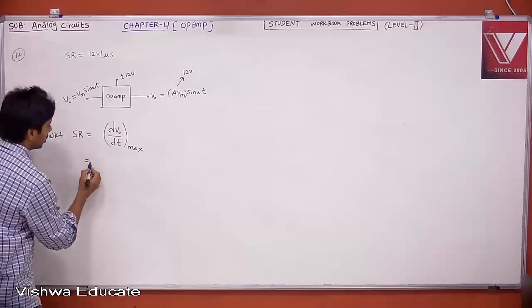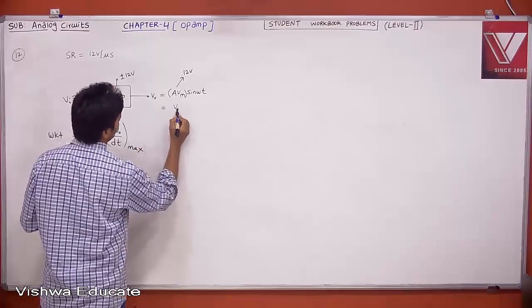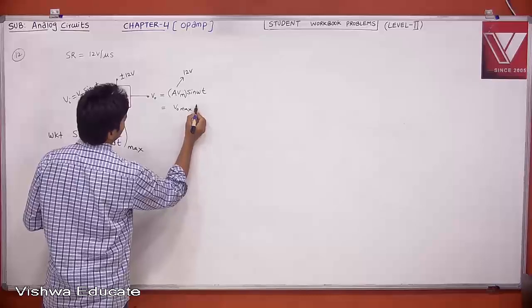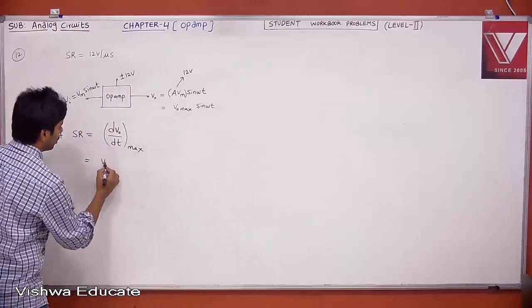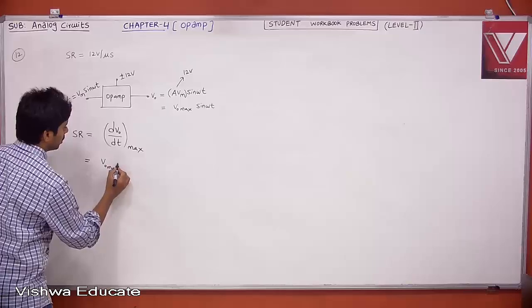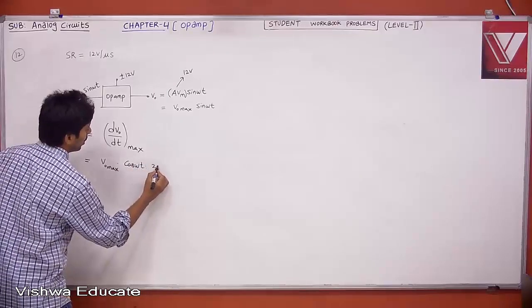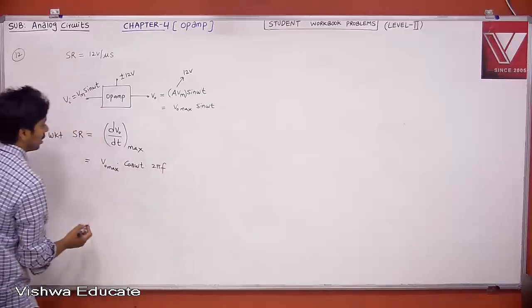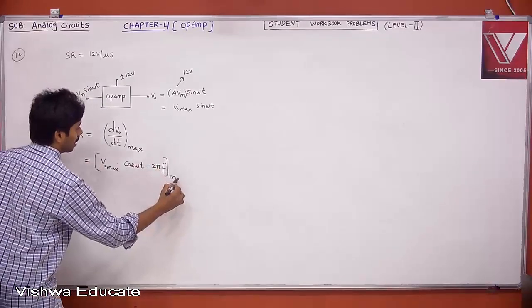Therefore now when you differentiate it, what you get? This is your V0 max into sin omega t. When you differentiate, you get V0 max into cos omega t into omega. Omega is nothing but 2 pi f. And this should be maximum.